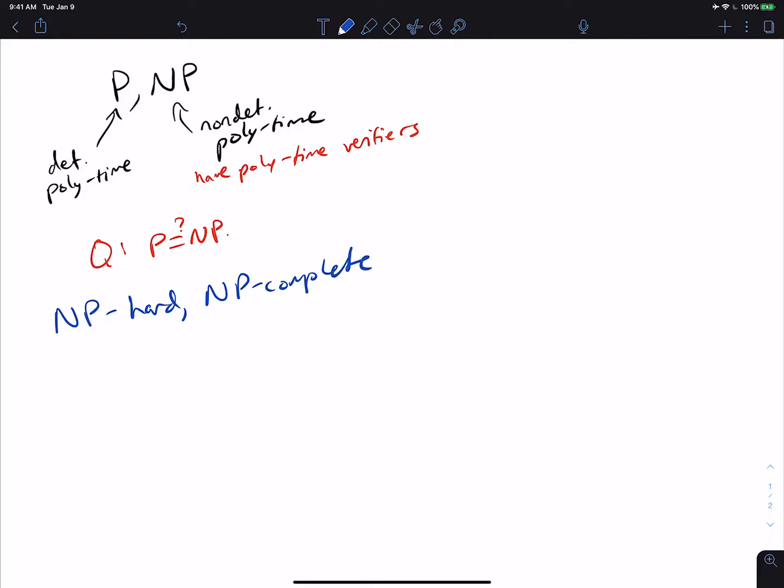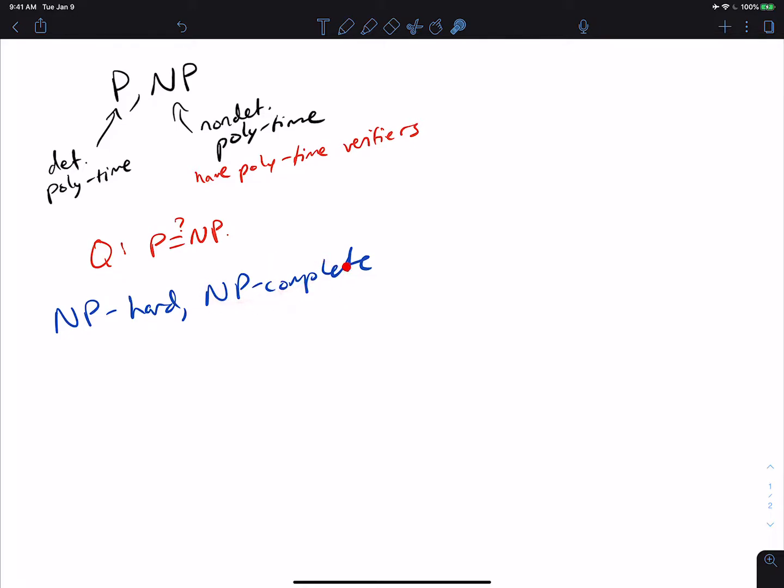NP hard just means that if we can solve this NP hard problem fast, then we can solve every problem in NP fast. And we saw that some undecidable languages are NP hard.